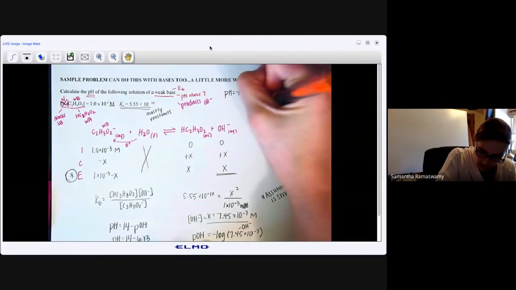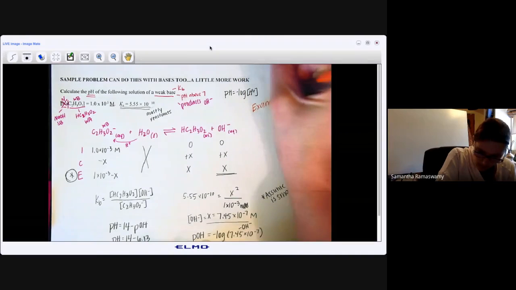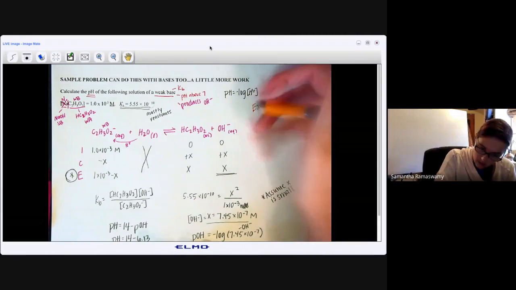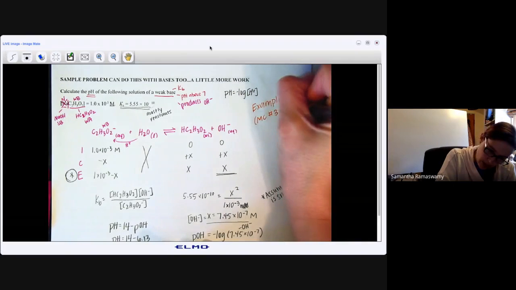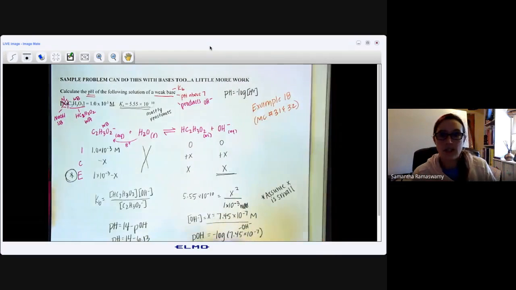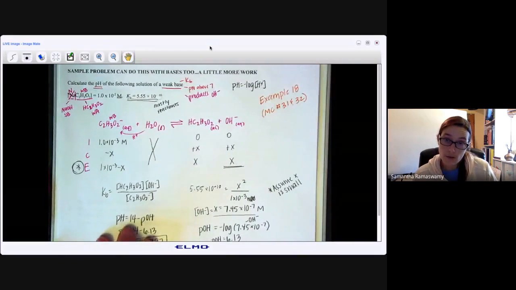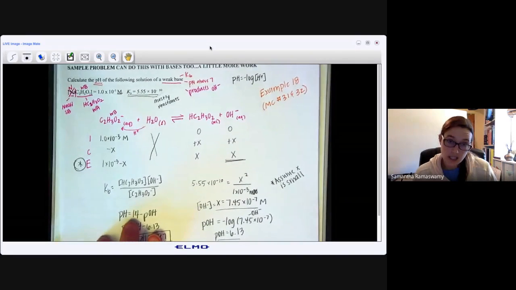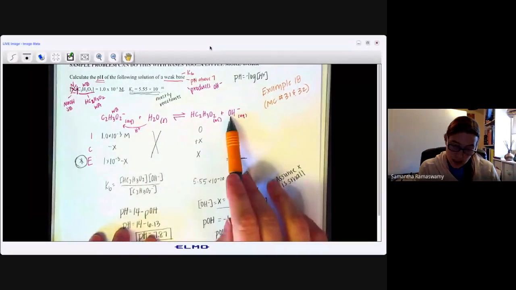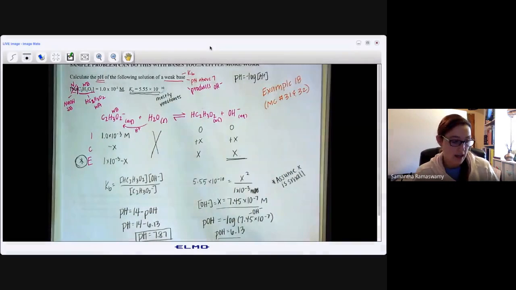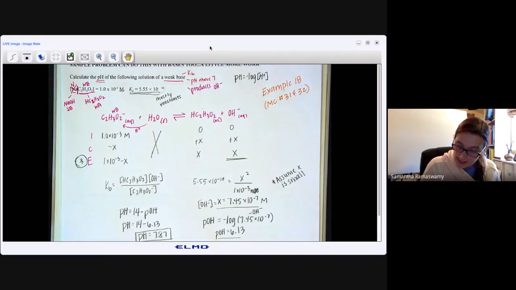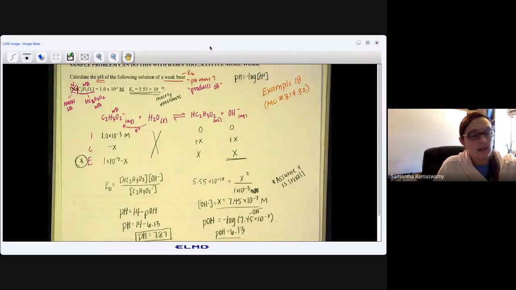It was example 18, which was also like Mastering numbers 31 and 32. Those dealt with weak bases as well. So for weak bases, the reaction should produce OH minus, and it's the OH minus that we're using. We have to find POH and then pH. So it's a little bit different because of what we're solving for.